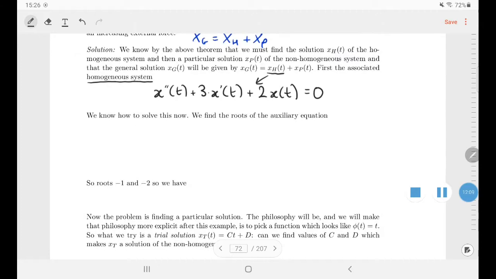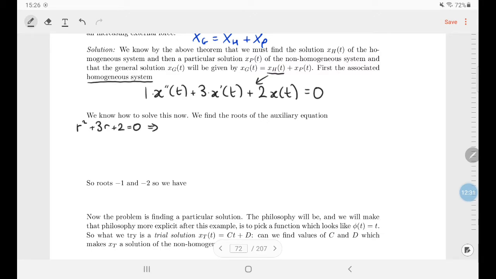So how we do this is we find the roots of the auxiliary equation. So look at the ABC and form an equation. Now maybe just to get the focus right on this, I'll write down the equation. So this is r squared plus 3r plus 2 is equal to 0.